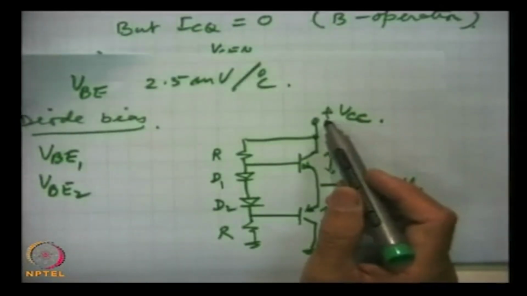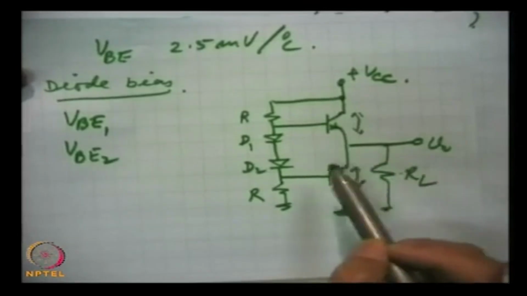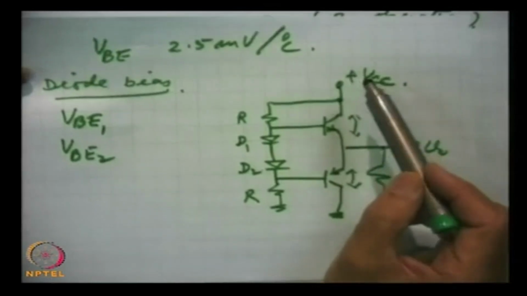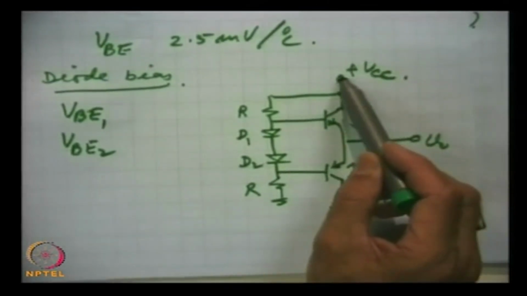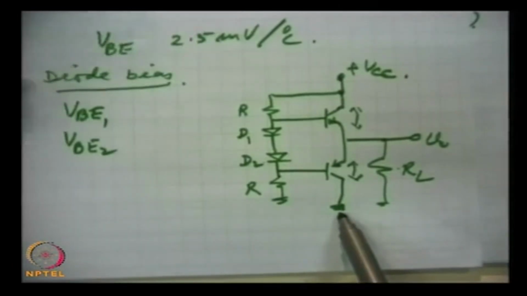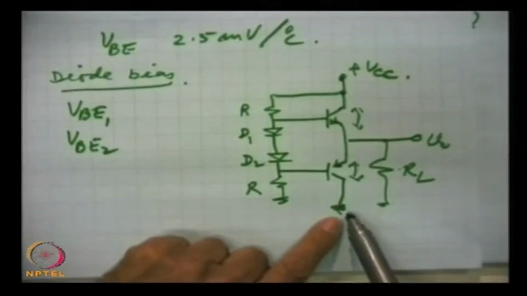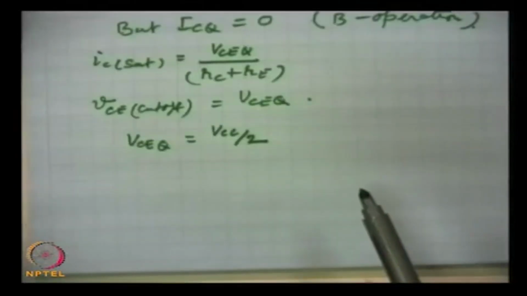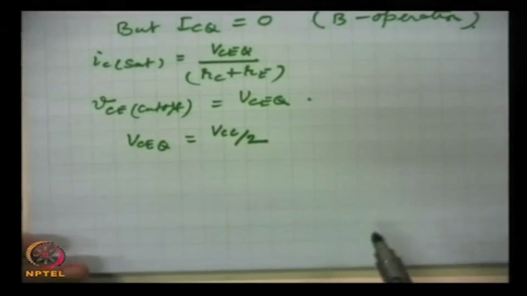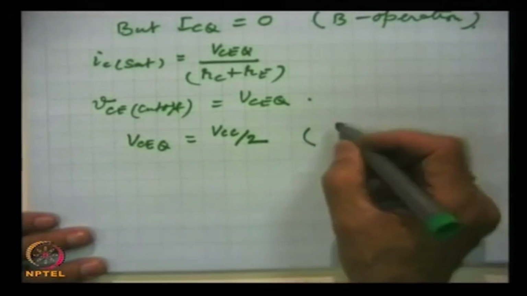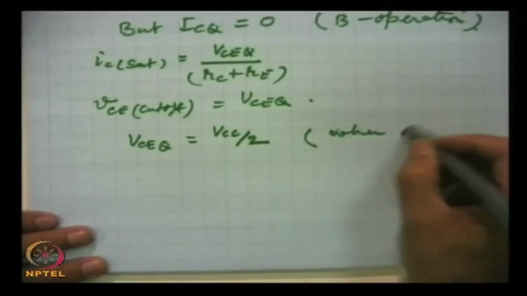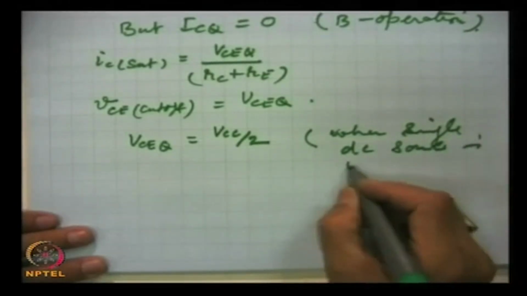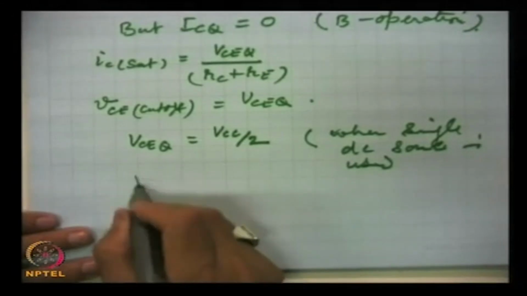We can have a choice instead of biasing both transistors with a single source. A positive voltage can be given at this collector, and a negative voltage here, so that this negative voltage will bias this collector in reverse, and the upper one will be reverse biased by the plus.